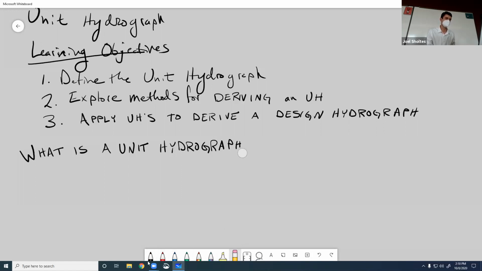All right, so what is a unit hydrograph? The big buildup. I'm going to write this out, and then we'll look at it together.